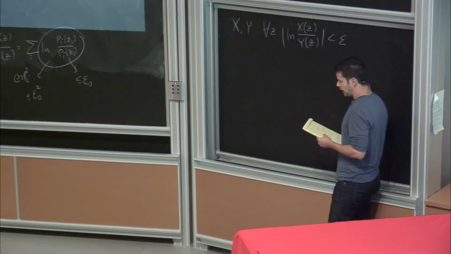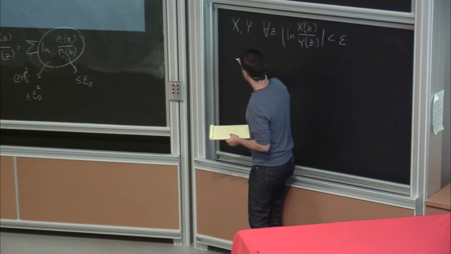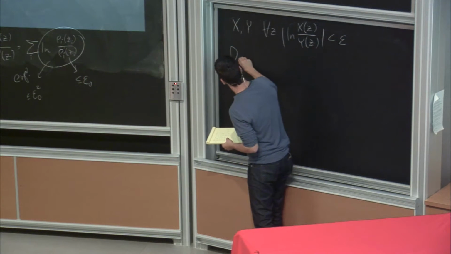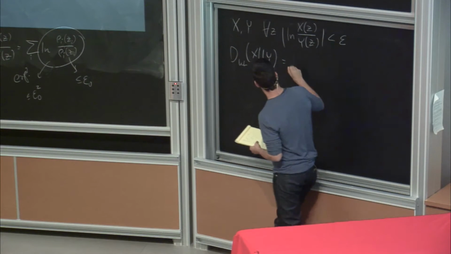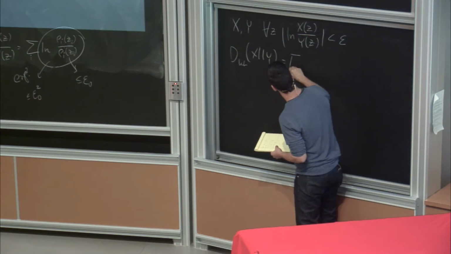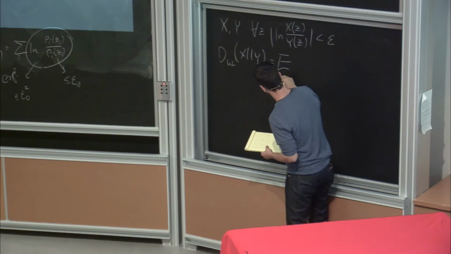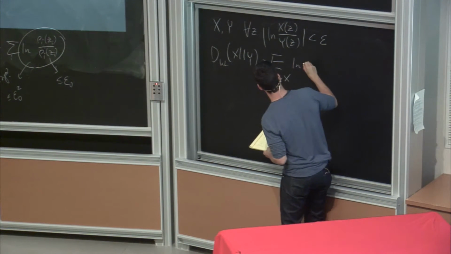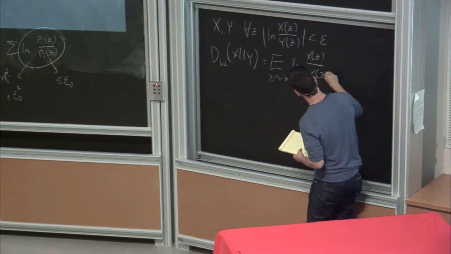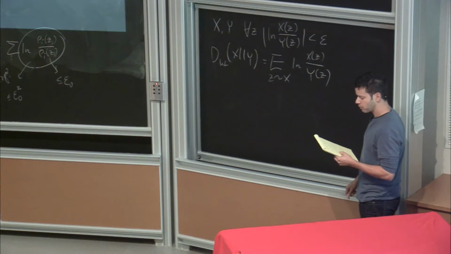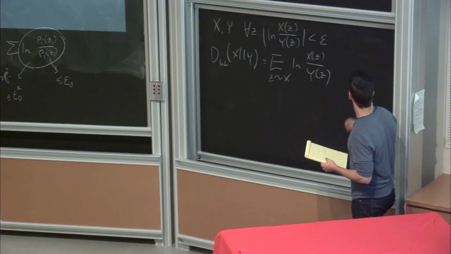Okay? So as we were saying, what we want to bound is the KL divergence from x to y, which is simply the expectation over z drawn from x of this log ratio. Okay, that's what we want to bound. And so let's do it.